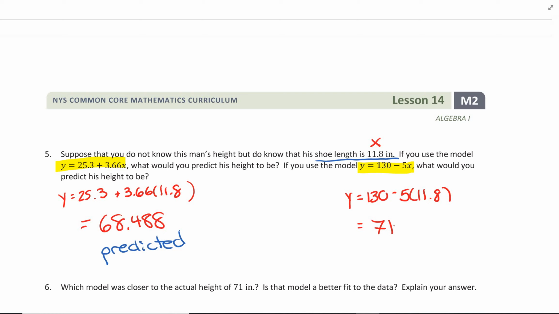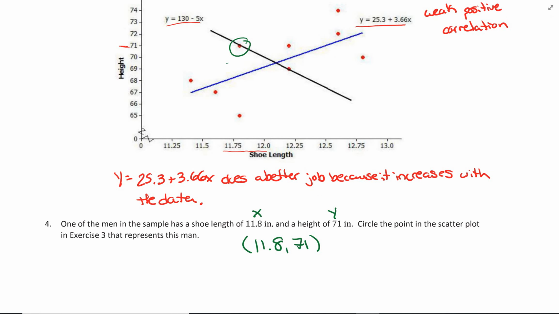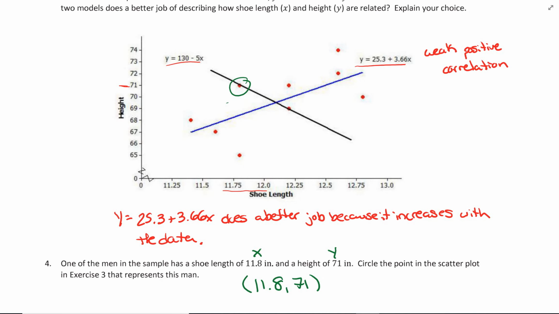So if you take a look at his predicted versus his actual, the second model actually gets it on the head. It says it's 71, and that's what his height should be. And if we scroll back up to the line, that point is actually on the black line, like we said earlier. So this is why checking a linear regression, checking an equation, can be flawed.